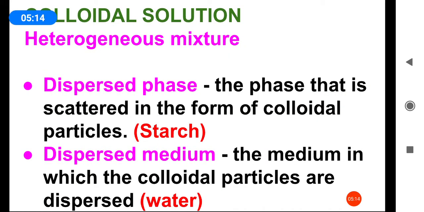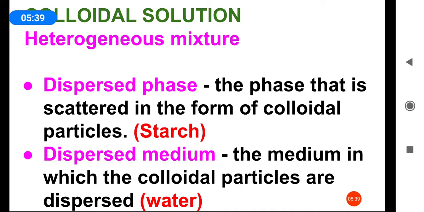Colloidal solution. A colloidal solution is a heterogeneous mixture. The phase that is scattered or present in the form of colloidal particles is called the dispersed phase, and the medium in which the colloidal particles are dispersed is called the dispersion medium.